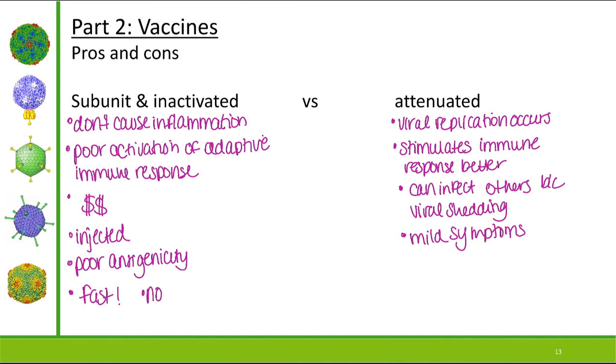And of course, another pro is that there is no viral genome or no infectious particle. So particularly for people who are immunocompromised, this is definitely a safer alternative. We, of course, might have viral nucleic acid, but we do not have the entire viral genome, which is why we don't get the infectious particle. So those are some pros and cons and a summary of all the different ways to make vaccines.